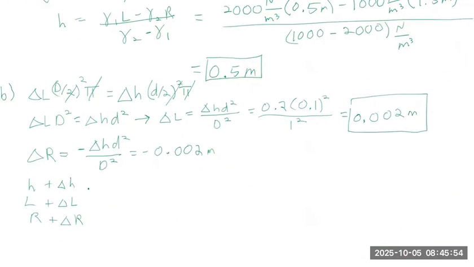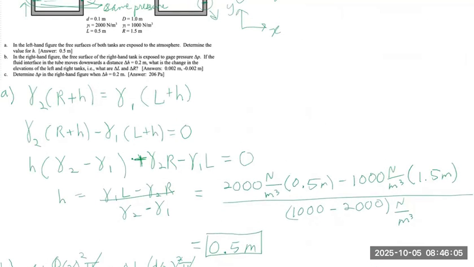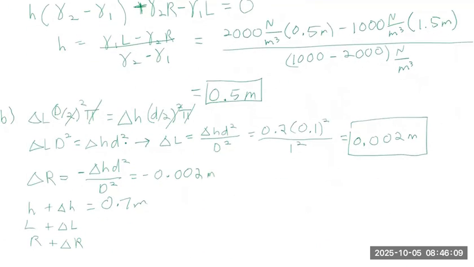H plus delta H is going to be 0.5 plus 0.2, which is 0.7 meters. L plus delta L is going to be 0.5 plus 0.002, which is 0.502 meters.